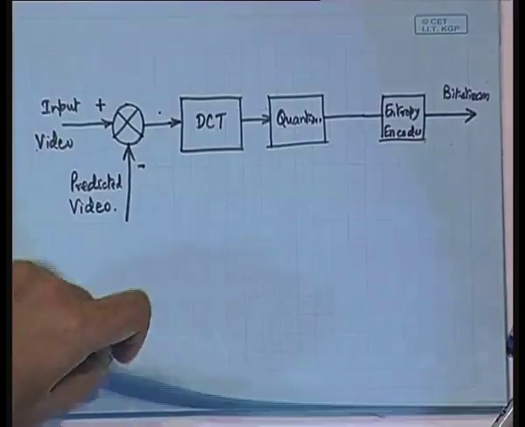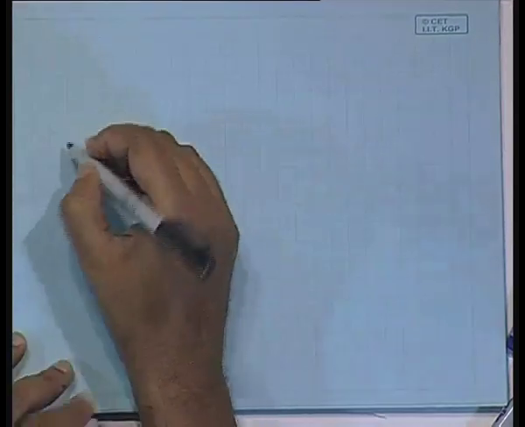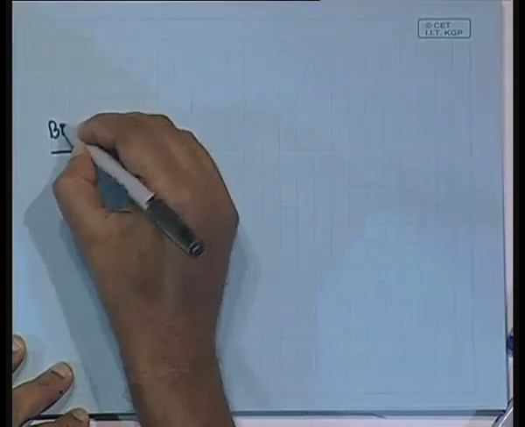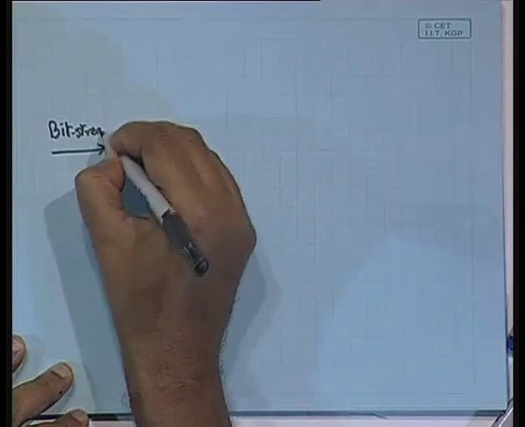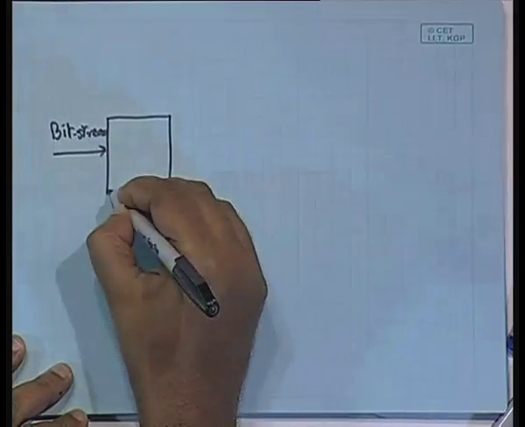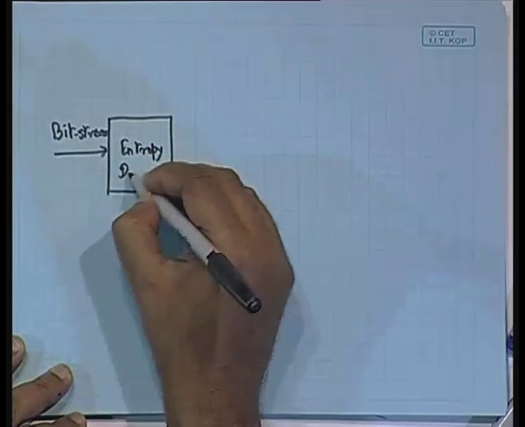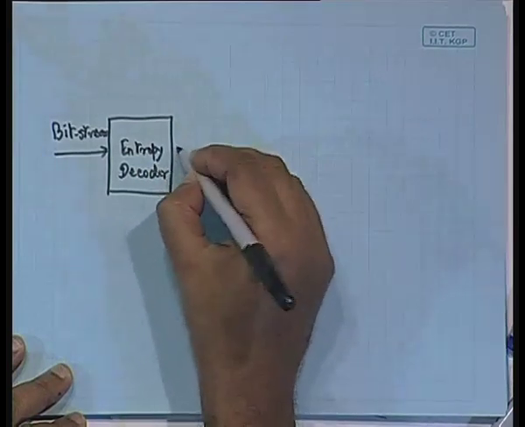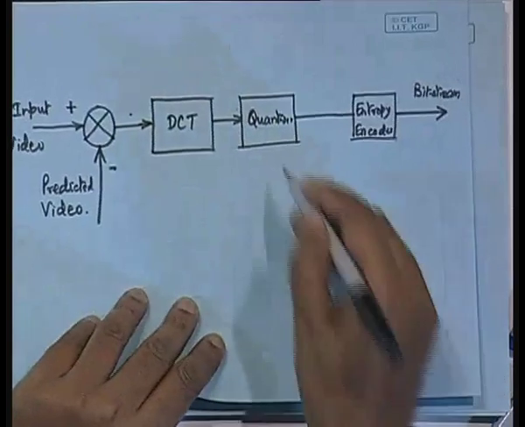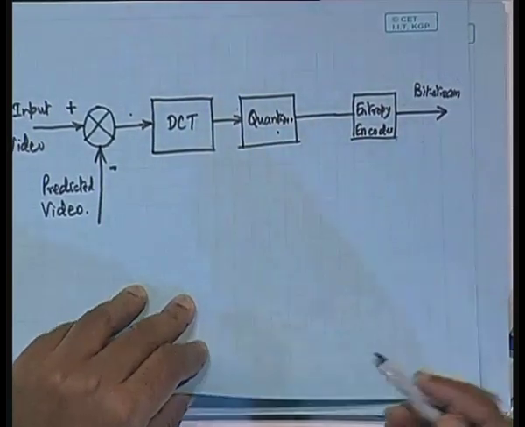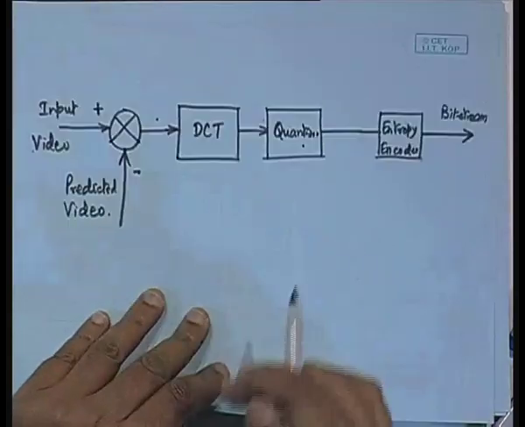So, what will a decoder block diagram look like? The bit stream will be received, and it will go through an entropy decoder. Then, there is a quantizer in the encoder, so we have to have a dequantizer. What are we doing in the process of quantization? We are dividing the coefficient value by some quantization matrix elements.